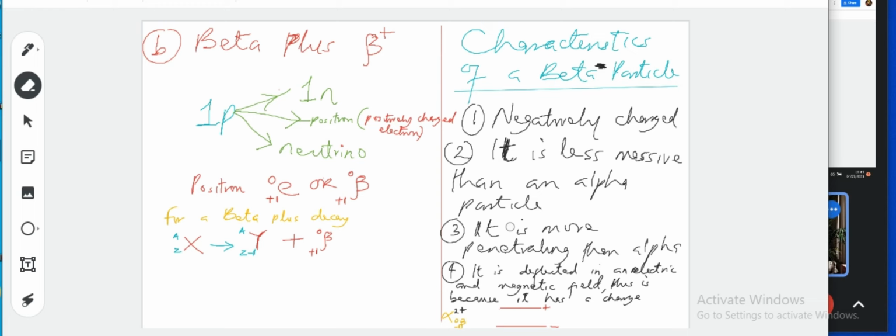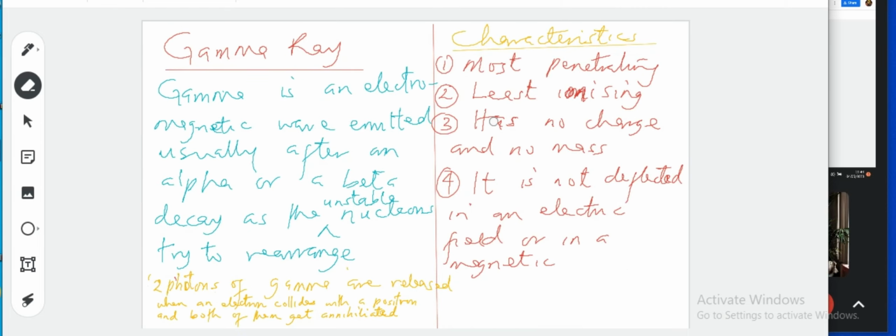Did you hear that? Yeah. An alpha particle cannot even go very far. A few centimeters of air will stop an alpha particle. A small thickness of paper can stop an alpha particle. But gamma is the most penetrating. A gamma is never completely stopped. It's just that the intensity can be reduced.